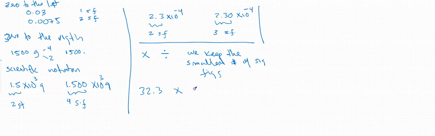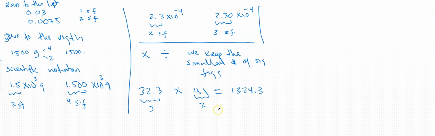Right? If you multiply 32.3 times 41, this one has 3, this one has 2, so the calculator will give you 1,324.3. That's what the calculator is going to tell you. But that's 5 significant figures, which makes no sense.